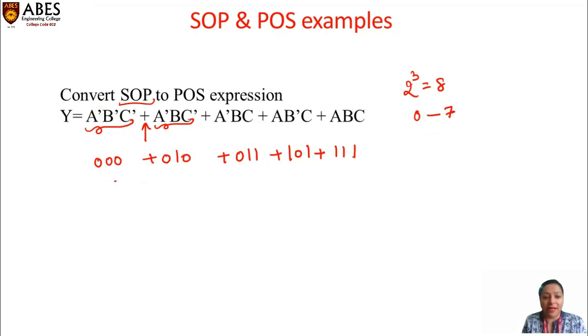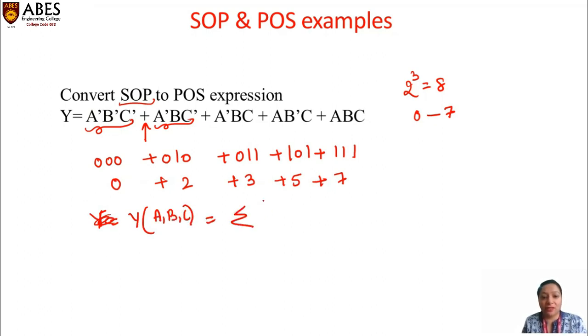This is your decimal 0. This is 2, this is 3, 5 and 7. Now, how can we write it? That y, which is a function of three variables a, b, c, can be expressed as the collection of the following min terms, that is m0, m2, m3, m5 and m7.